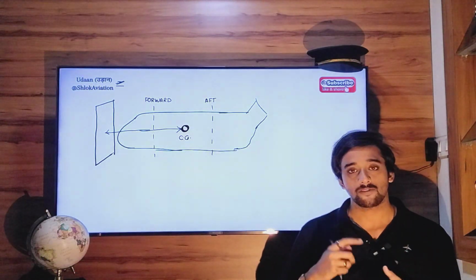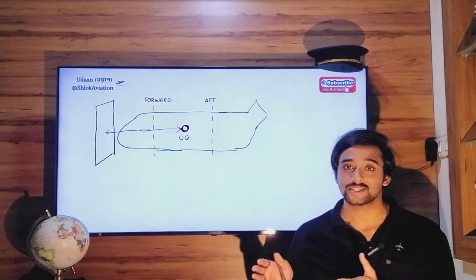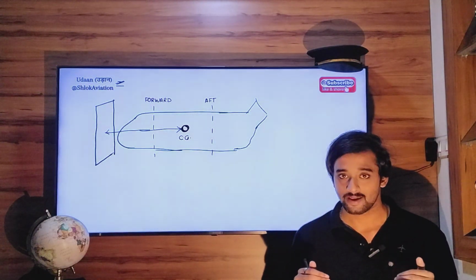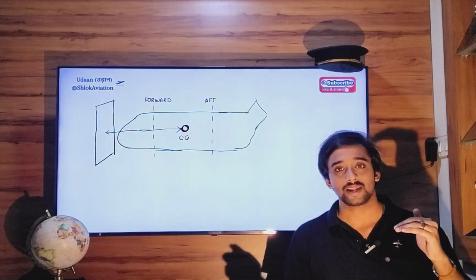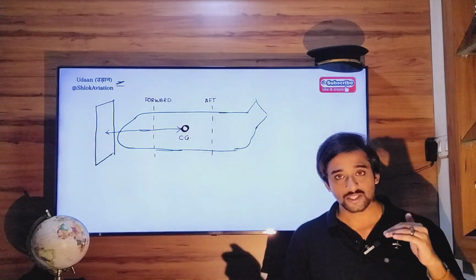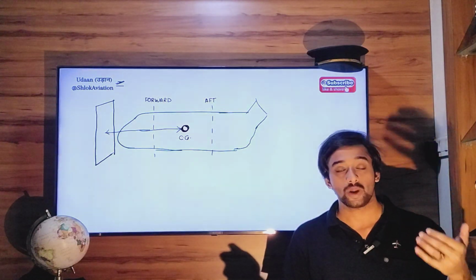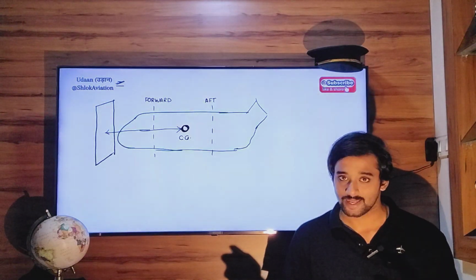But as you continue your flight towards your destination, the fuel in your fuel tanks will start decreasing in quantity. As you consume your fuel to go from point A to point B, the weight of your aircraft will also decrease by that much amount slowly and gradually, right?